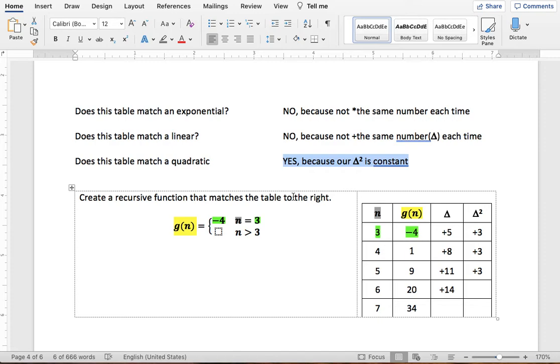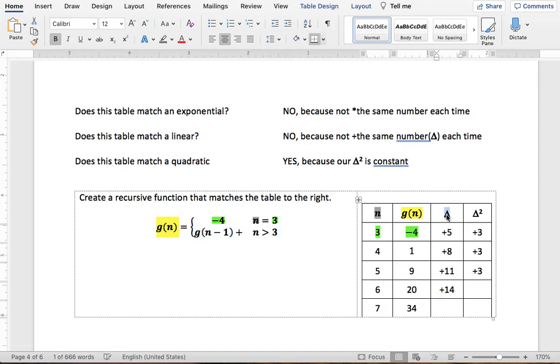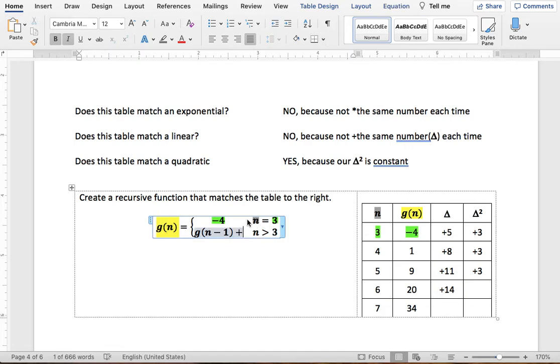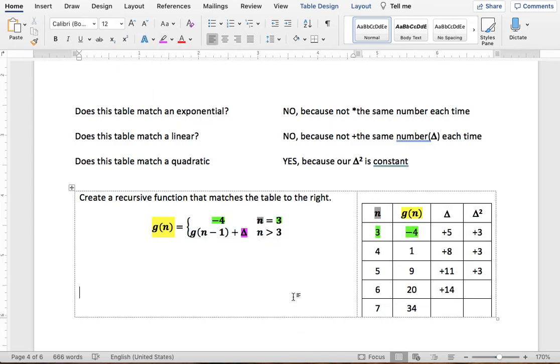Okay, since this is a quadratic, I know I'm taking my previous y value and I'm adding this change column. So all I need to do is create the equation for this change column.